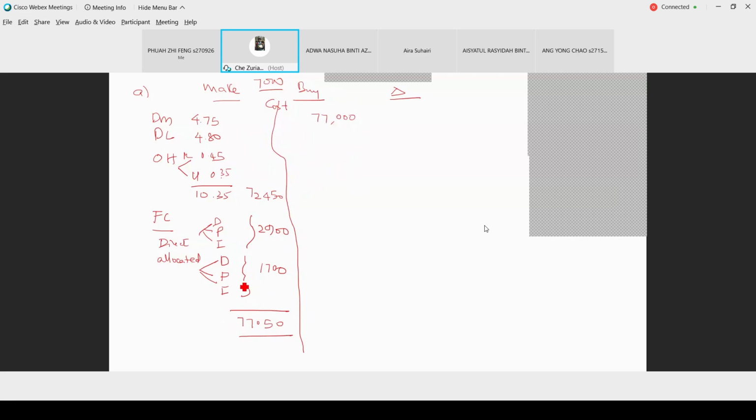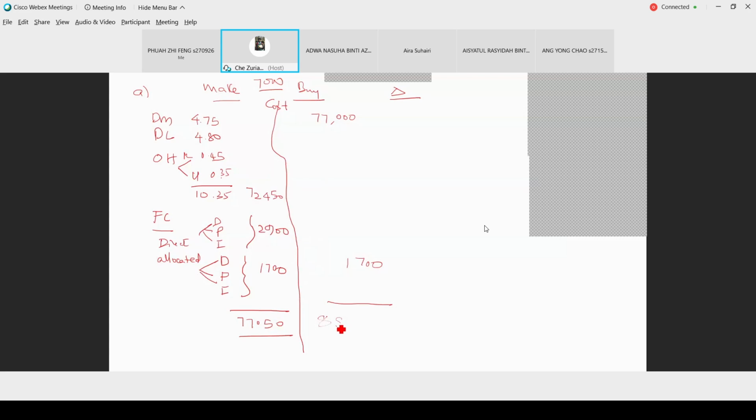But the fixed cost is just direct cost is irrelevant. So dia tak ambil kira. So kalau yang buy yang ada cost lagi adalah, so this one is relevant cost kan, direct ni. So kalau you buy tak adalah cost 2,900. But then the 1,700 ni still incurred the cost if you buy. So the cost should be this one.